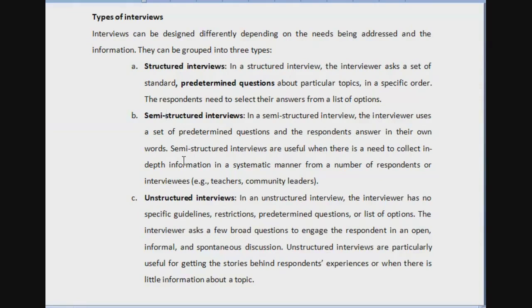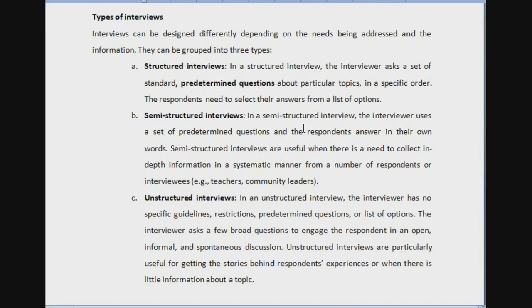It starts from 9:30, ends at 12:30. That means you are using your own words. So semi-structured interview is where I have designed the questions, these are the things I want to ask, but you have the option of using your own words and answering accordingly. I have not given you options.